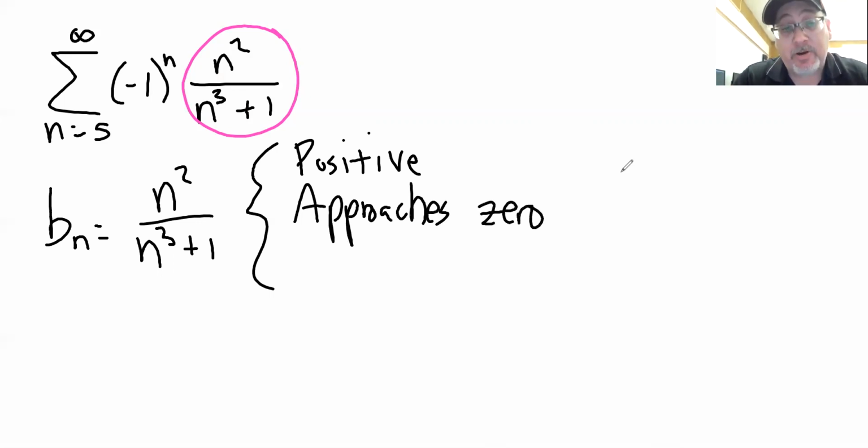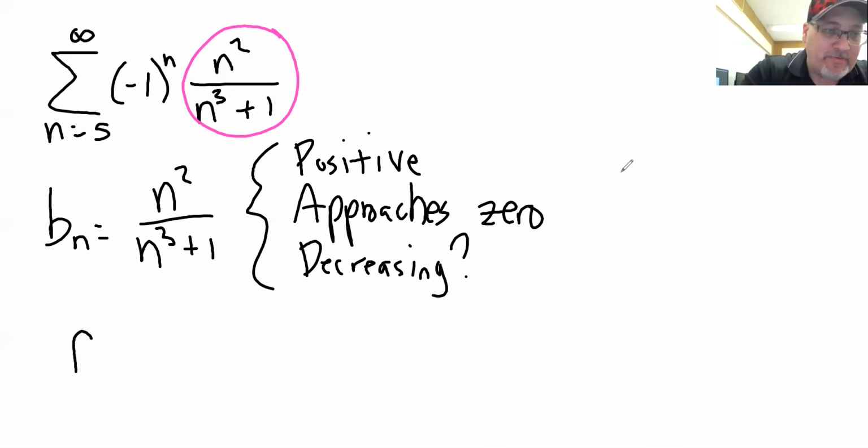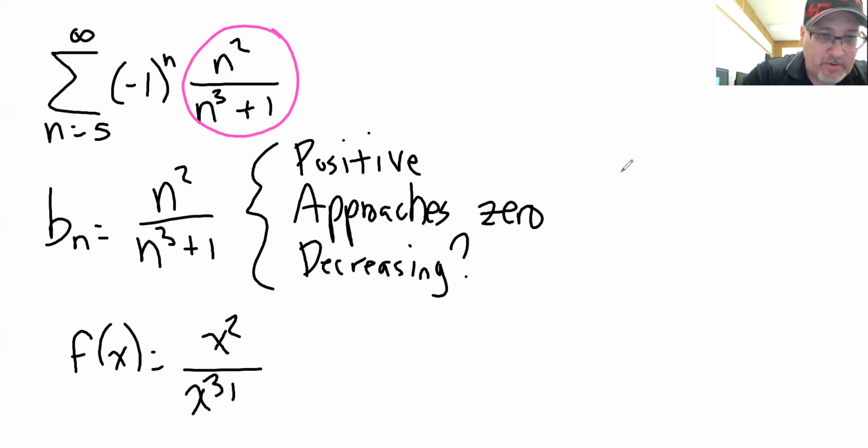L'Hopital's rule would be an option here. You can also multiply both sides with the reciprocal of the highest power. But is it decreasing? Remember, it just has to be eventually decreasing. If it's not evident, then look at it as a continuous function and analyze its derivative. Our function were x squared over x cubed plus 1, so what would that imply about the derivative?